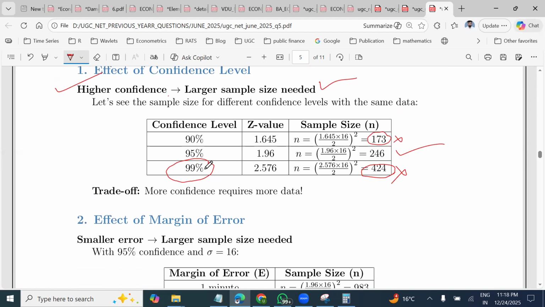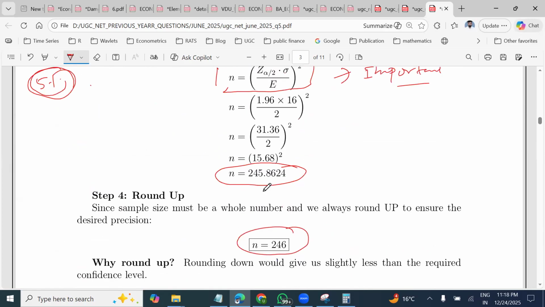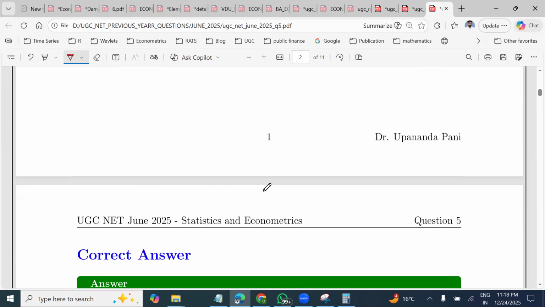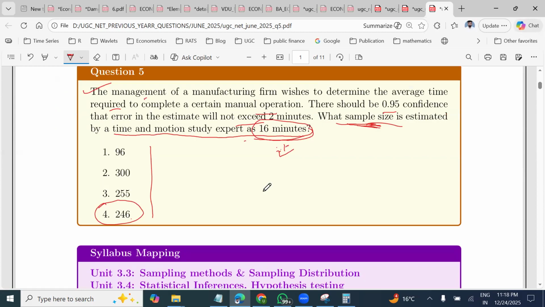Suppose more confidence means you require more data. Now let's say I don't know all this formula, and I am in your place making a guess. If you guess randomly, you can think of a bigger number, then it is incorrect.